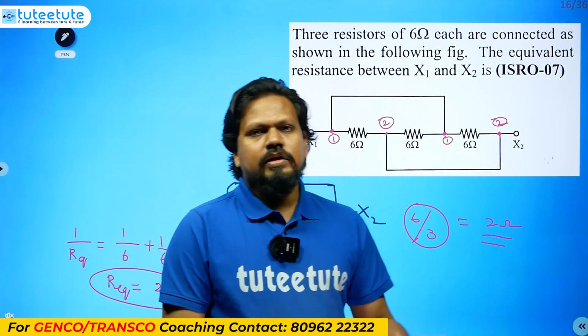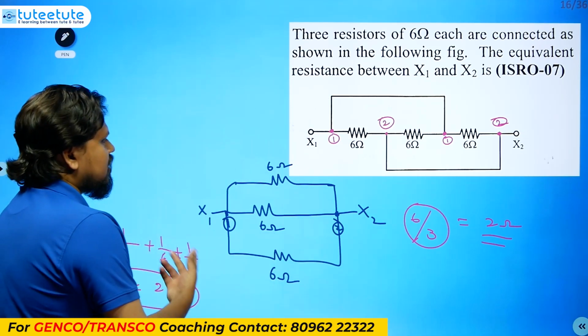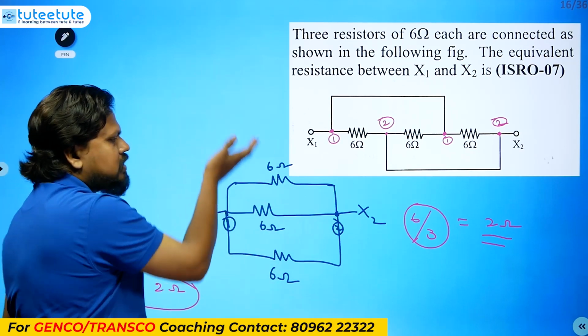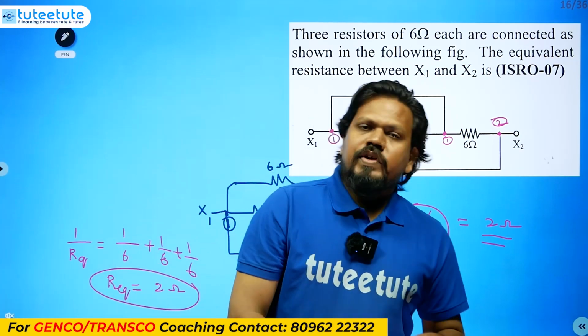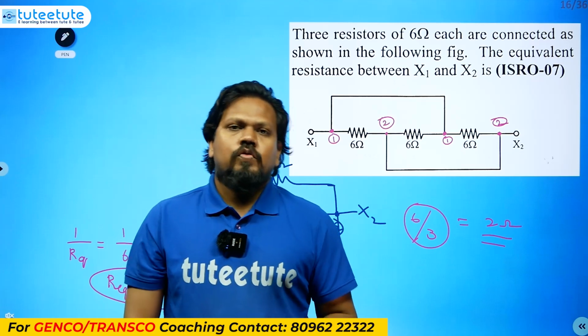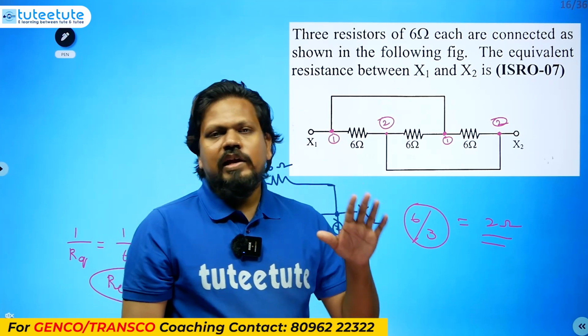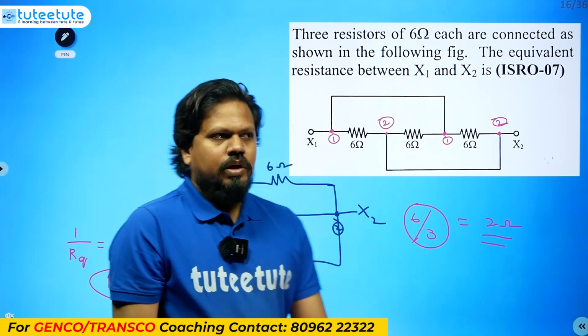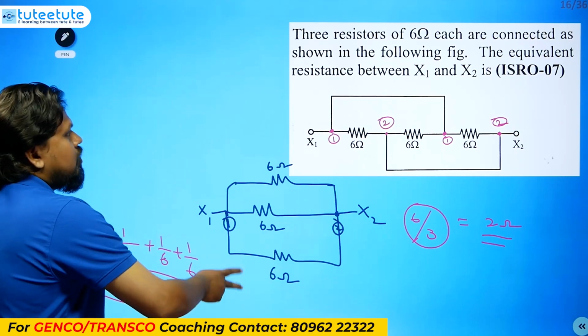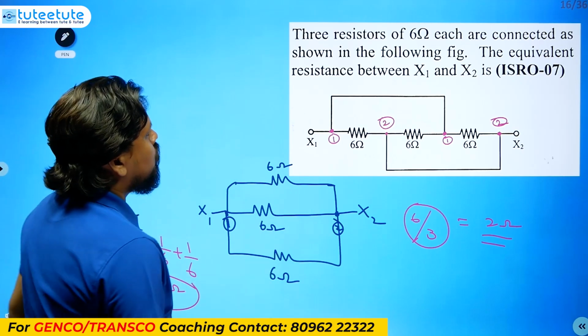If n resistances of the same value are connected in parallel, the equivalent will be that resistance value divided by n. We have to remember that. Anyhow, the answer for this question is 2 ohms.